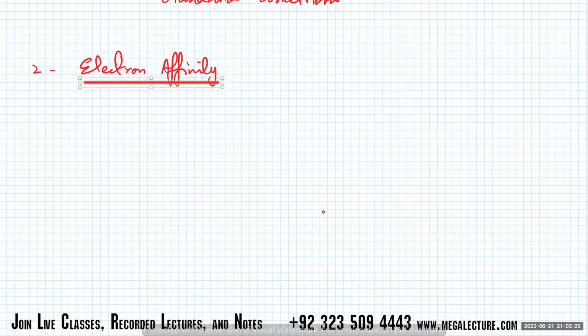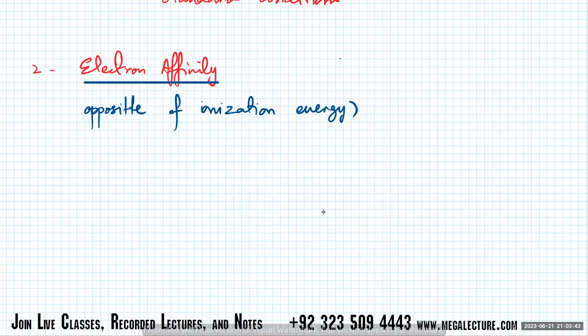So now with electron affinity, what is electron affinity? It's kind of the opposite of ionization energy. In ionization energy, you actually removed electrons. Over here, you add electrons. So it's exactly the opposite.